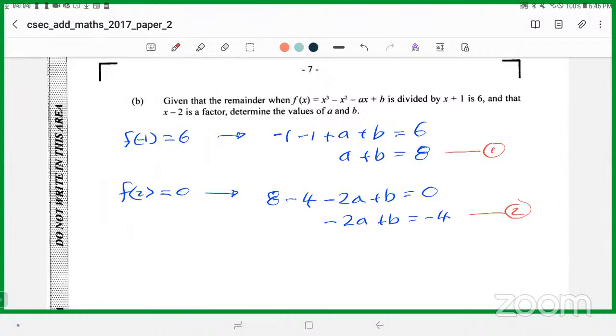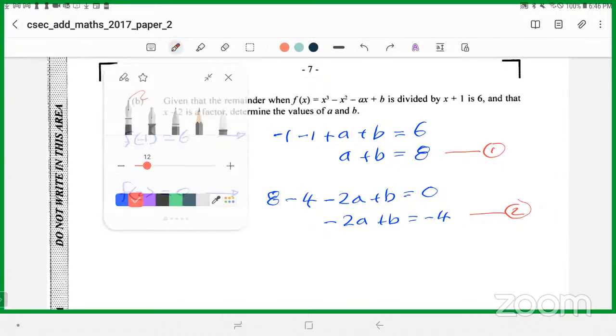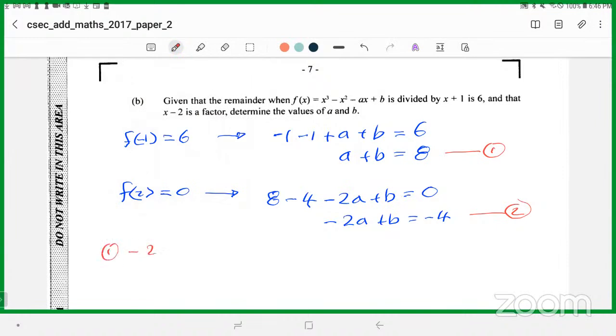I want to solve them. Clearly, I can eliminate the b if I subtract them. It makes sense to subtract the first one minus the second one. 1 minus 2 is a friendly way to do the subtraction right now. So I'm going to do equation 1 minus equation 2, and we have to be careful with those negative signs. So a minus 2a, minus a plus, that's a plus 2a gives me 3a. b minus b gone, that is equal to 8 minus a negative 4, minus a plus, becomes 8 plus 4 is 12.